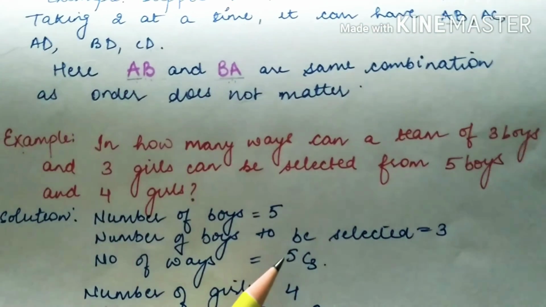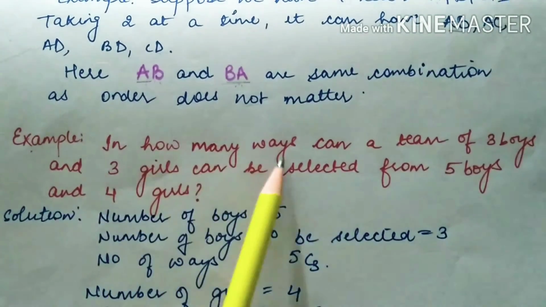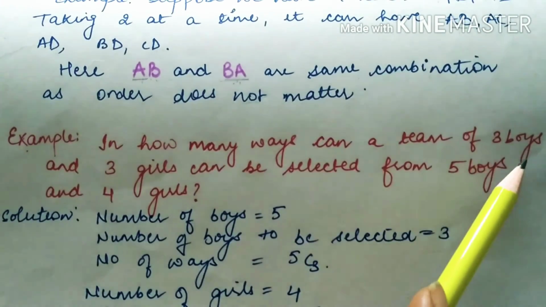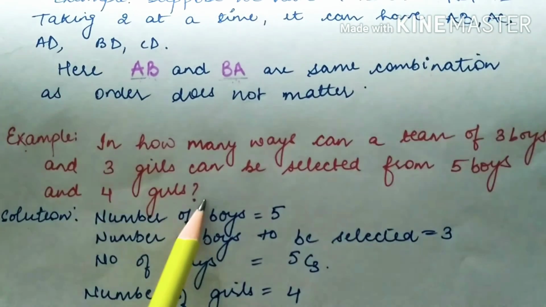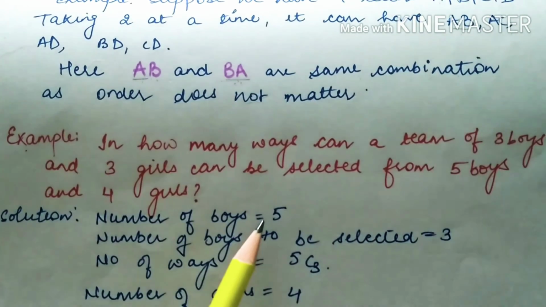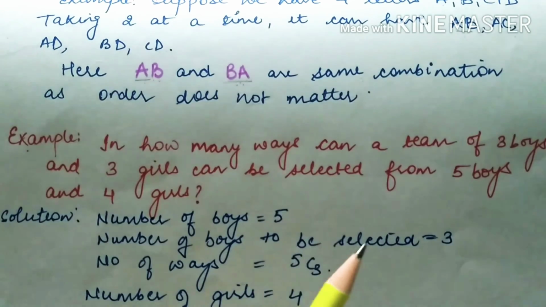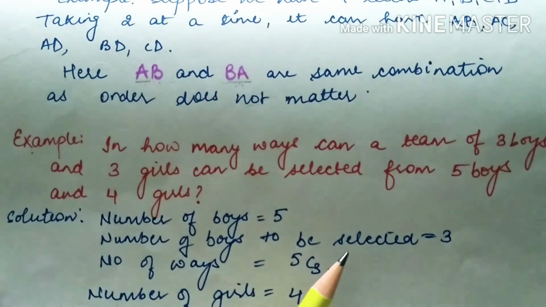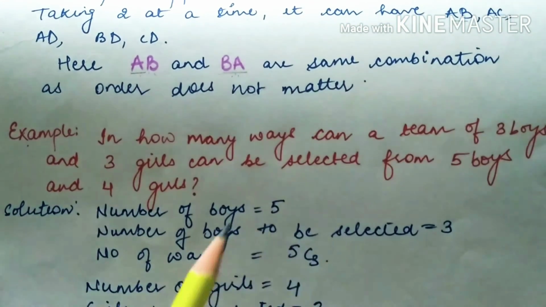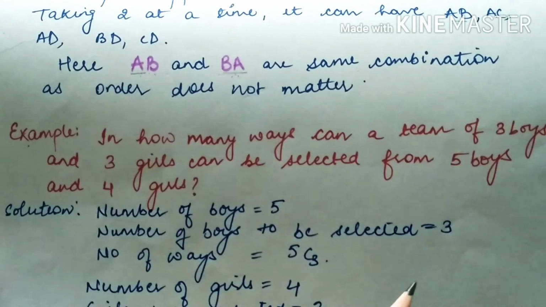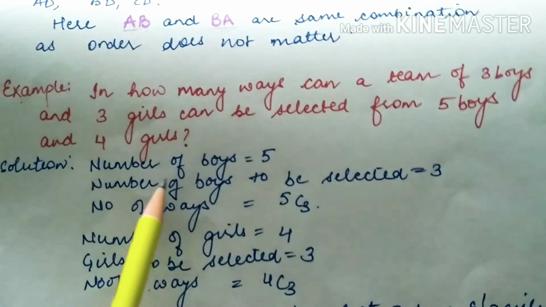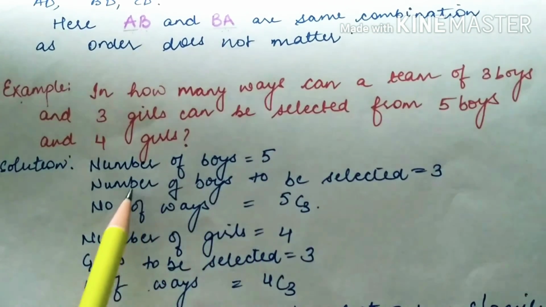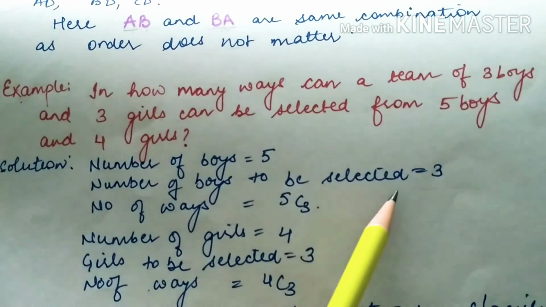Example. In how many ways can a team of 3 boys and 3 girls be selected from 5 boys and 4 girls? As you can see in this example, we only need to select the boys and girls. The order in which we select does not matter. Therefore, we will have to apply combinations. Let's see how we do it. Number of boys, 5. Number of boys that we need to select, 3.